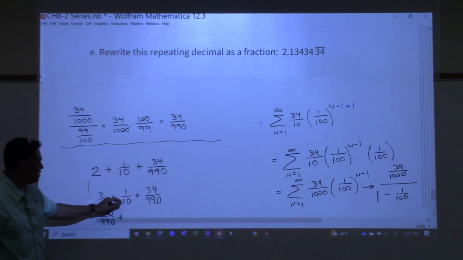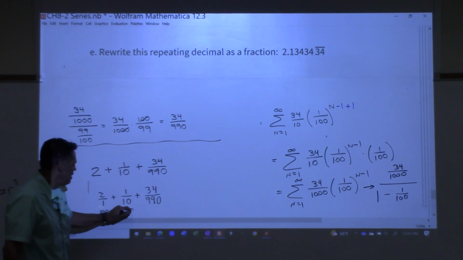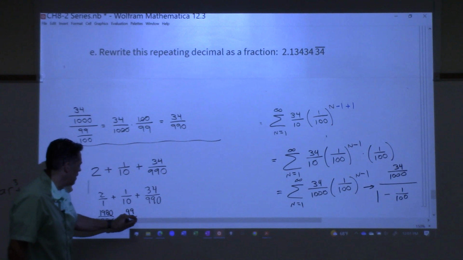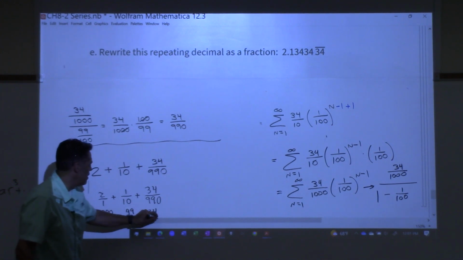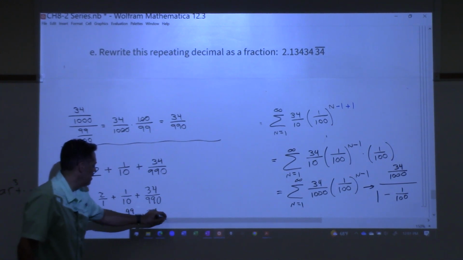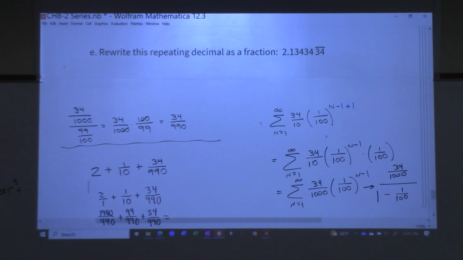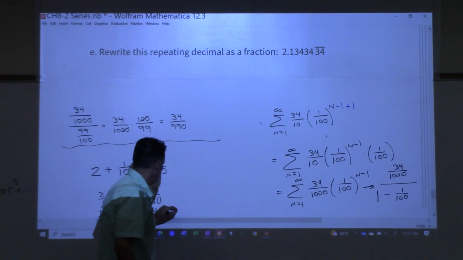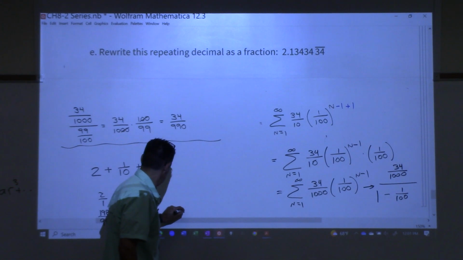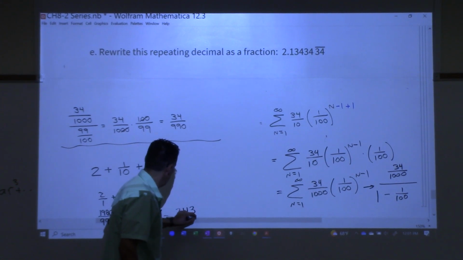Plus, now you have to multiply top and bottom here by what? 99. So 99 over 990. And then plus 34 over 990. Add across the top: 2113 over 990.